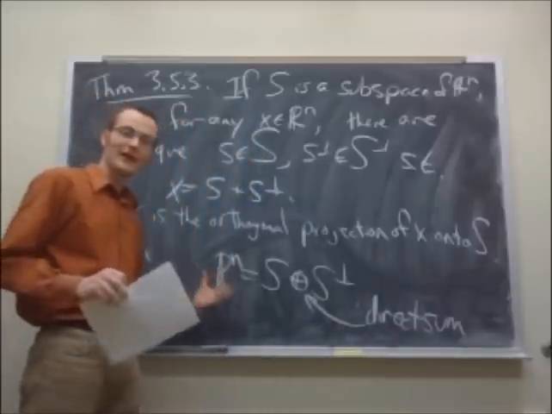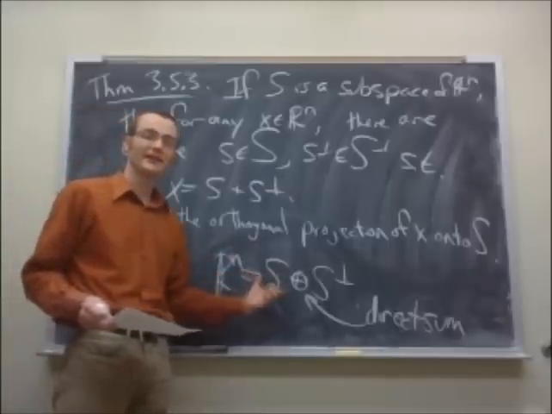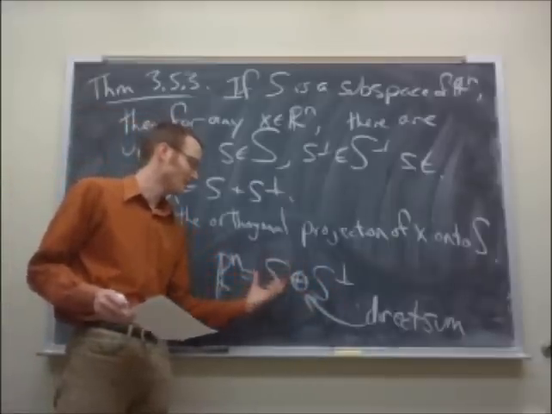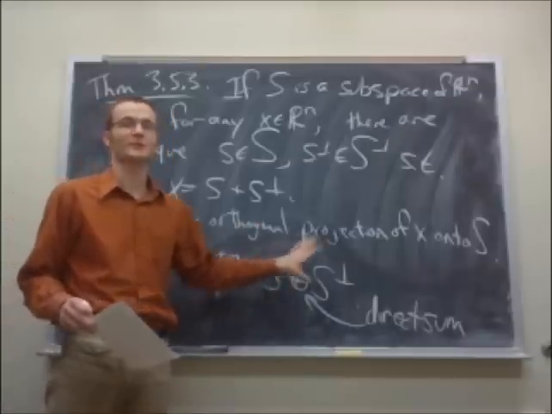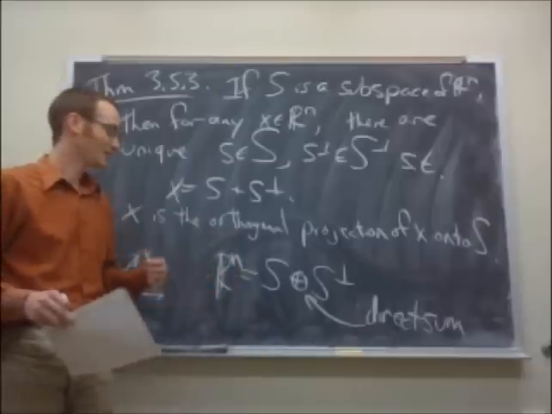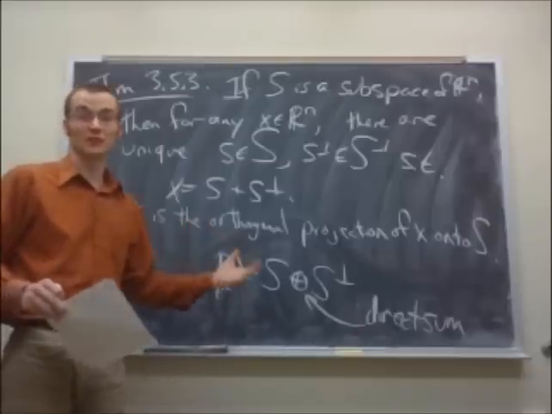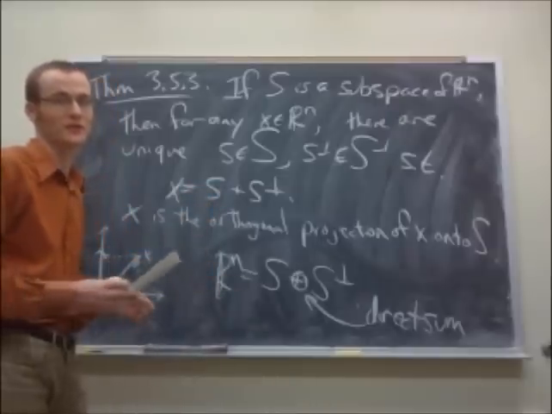If you ever have a vector space, and you split it into 2 separate pieces so that each element can be something in here plus something in here in a unique way, that is called a direct sum. And usually speaking, these are important, cool things you should care about if you can do this.